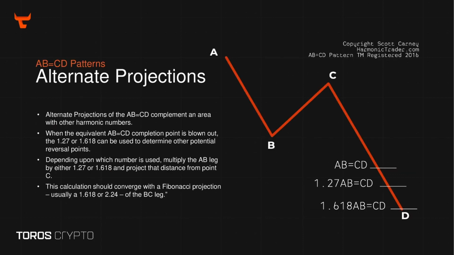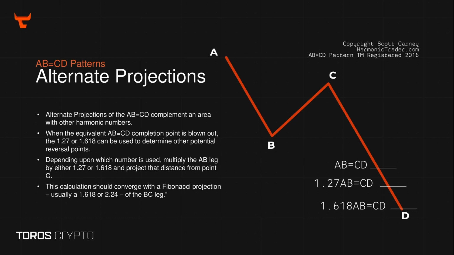In addition to the regular ABCD, which we just saw, we have alternate ABCD projections. The reason you would have this is because sometimes the projections and the ratios discussed on the previous page get blown out. So price continues down past whatever that projection was, and then you're left thinking, well, what's happened to my ABCD?